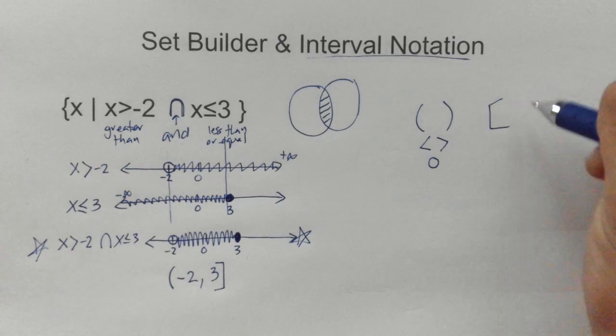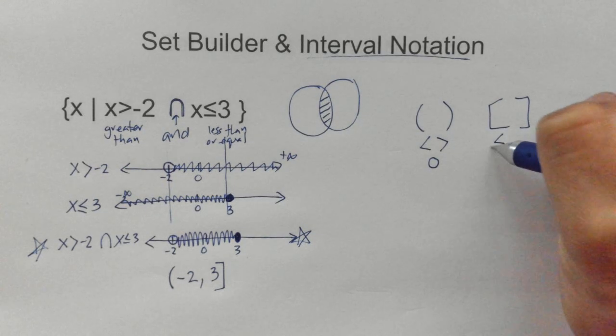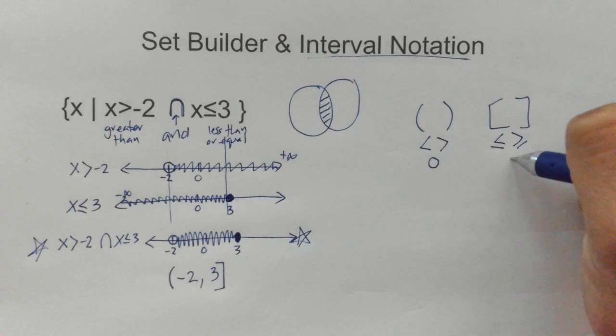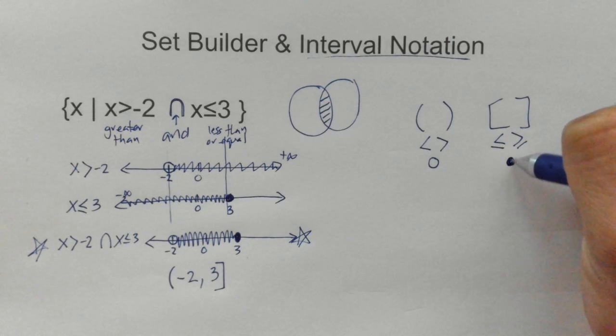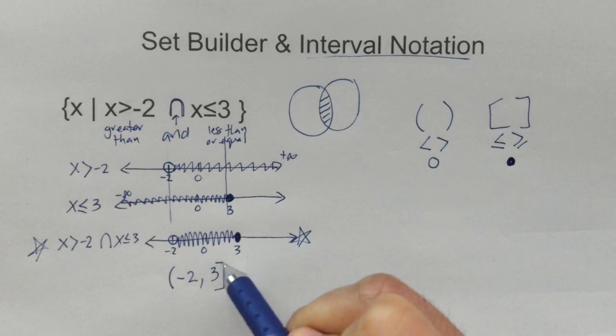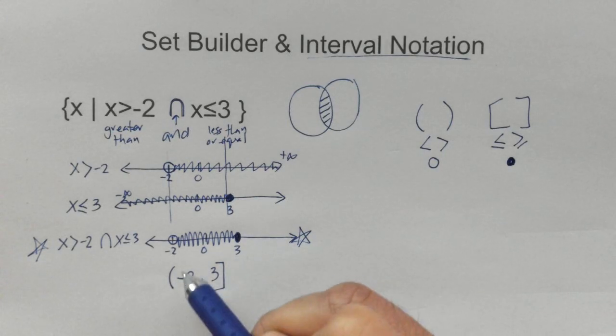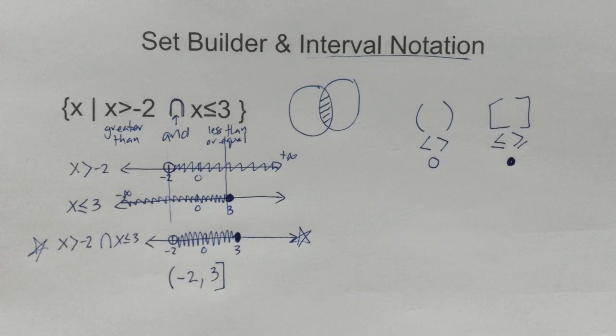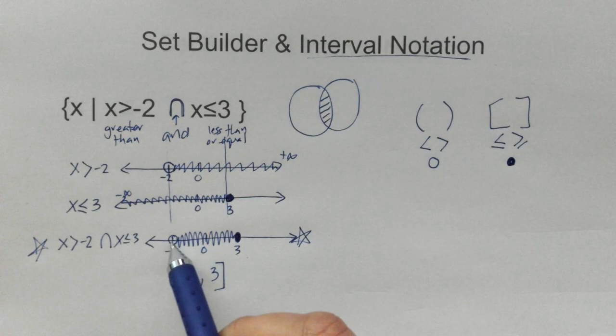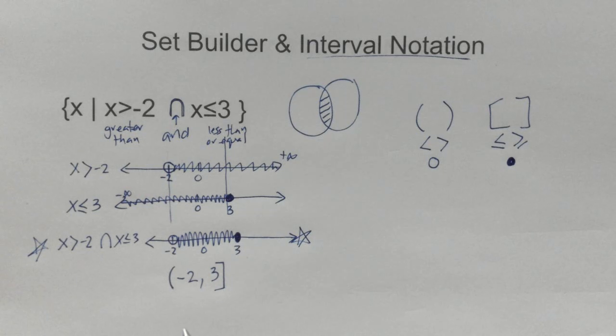And brackets include less than or equal to or greater than or equal to symbols and closed circles. So this maybe helps you see why we're doing a bracket for closed, a parentheses for open. This just tells me it's everything from -2 to 3, not including -2 and including 3.